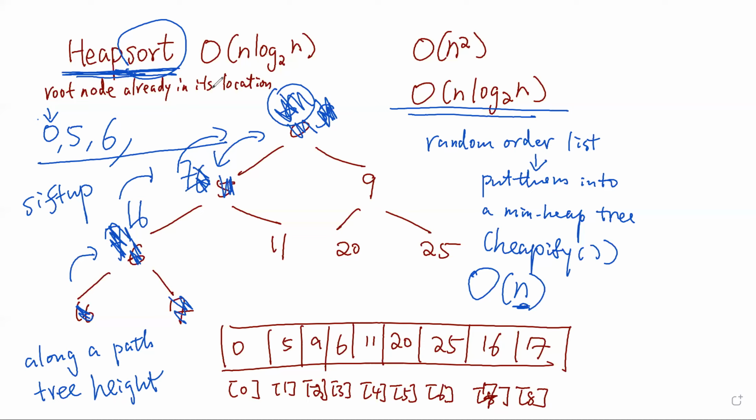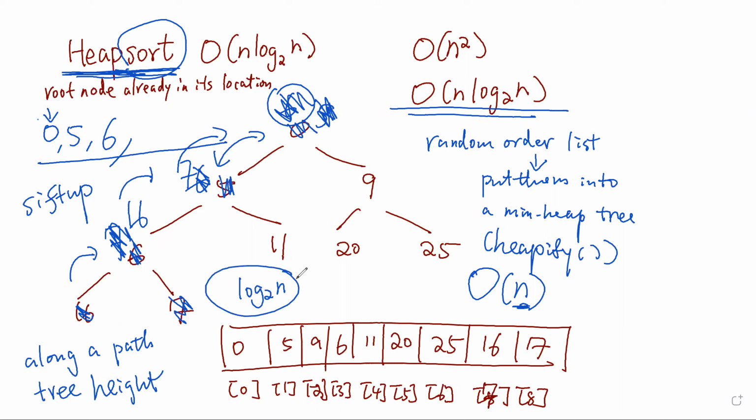So it involves all of the numbers along the path you are going to move up. Generally speaking, what we learned about binary tree structure is that along a path, it's log 2n operations.